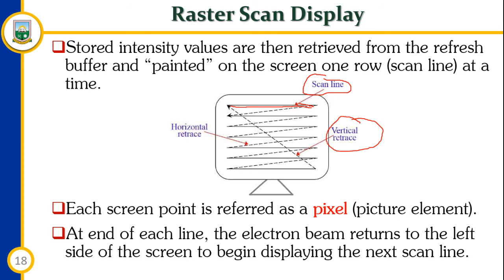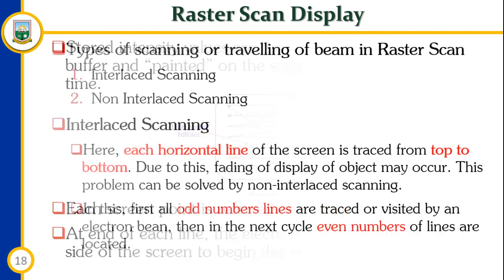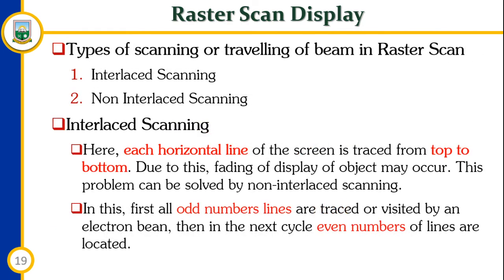Now there are two main types of raster scan display. We have the interlacing scanning and the non-interlacing scanning. These are the types of scanning or traveling of the beam in the raster scan.